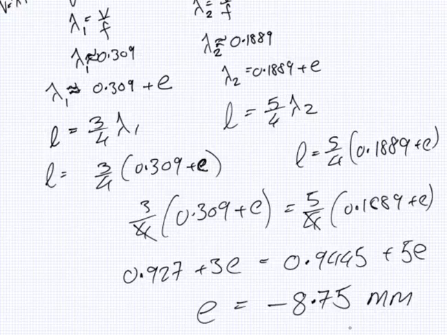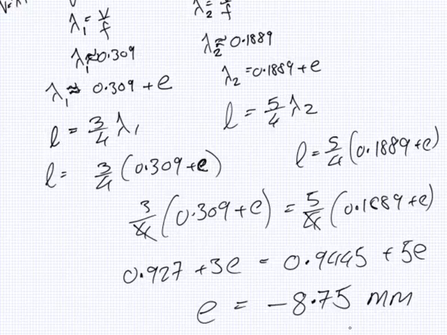So, firstly, you have 3 harmonics: 1, 2, 3, and then secondly you have 5 harmonics: 1, 2, 3, 4, 5. Here the frequency is 1100, and here the frequency is 1800. Here the V is 340, and here the V is 340.